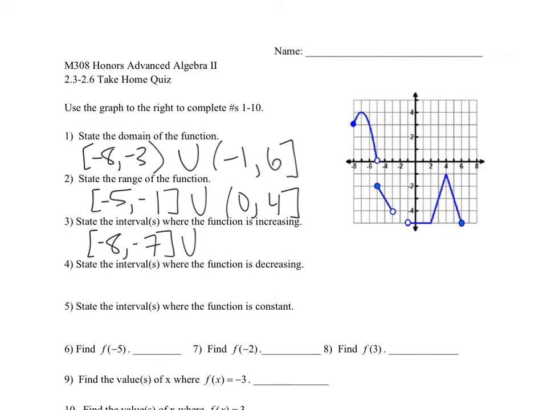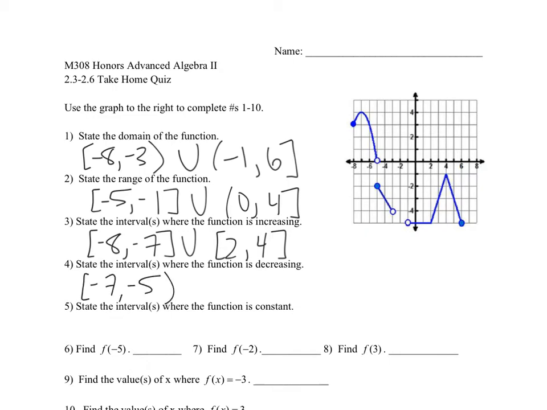Those are my two increasing sections. And then notice that I actually have 3 decreasing sections: one here, and one here. My first decreasing section is right here, and those x values are -7 to -5.